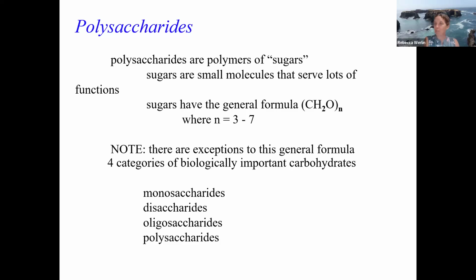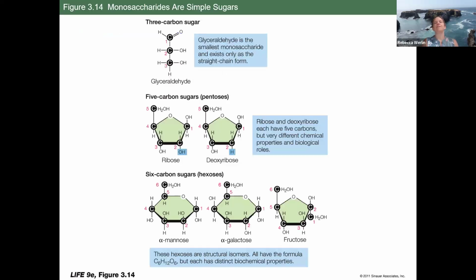So a 3-carbon sugar will have 3 carbons, 6 hydrogens, and 3 oxygens. Typically, a 6-carbon sugar will have 6 carbons, 12 hydrogens, and 6 oxygens. But there is a huge variety in sugars.